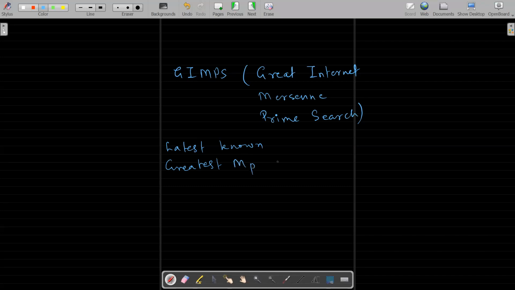The Mersenne prime is 2 raised to 8259933, and 8259933 is a prime number, minus 1. So we know a Mersenne prime is of the form 2 raised to a prime number, minus 1. So this is prime.